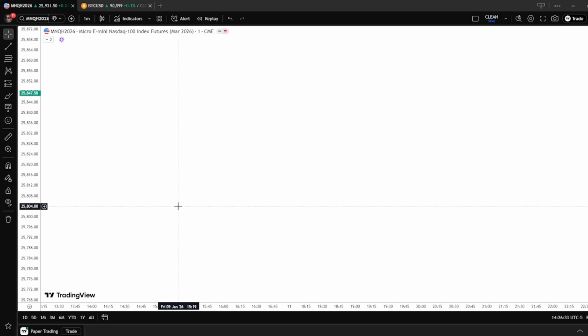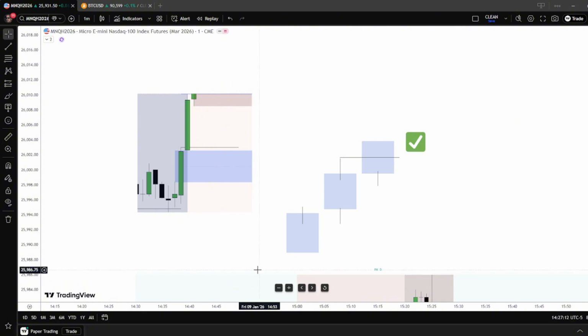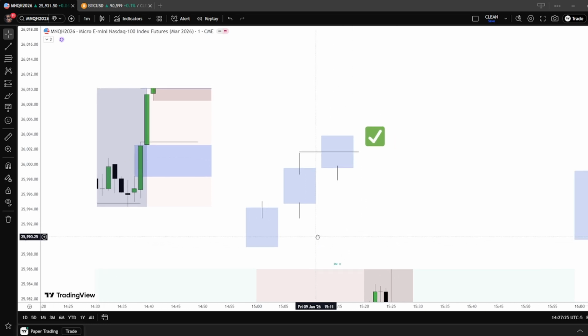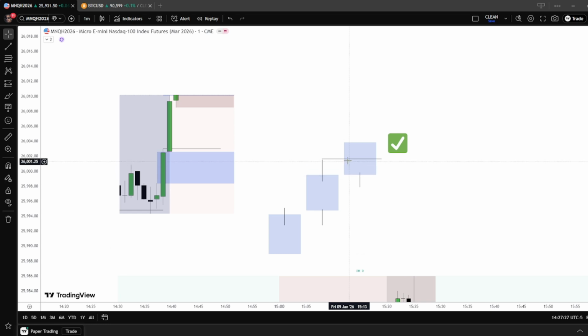I'm sure you heard about the breakaway gaps, but not in the way I'm going to describe it to you. So let's start from something you probably know. So this is a fair value gap, okay? And the first and easiest way to spot a breakaway gap is to watch the third candle close.